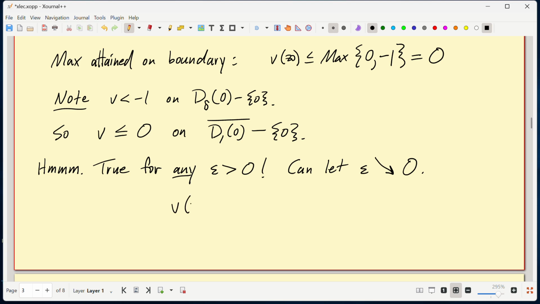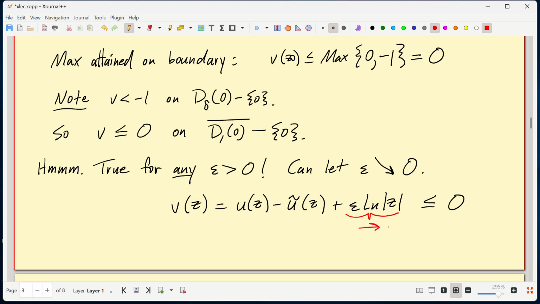So we would have that v of z is equal to, what was it? u minus u twiddle plus epsilon times log z. We know that that's less than or equal to 0. And as I let epsilon go to 0, this part goes away. And so that leaves us with u of z minus u twiddle of z is less than or equal to 0.